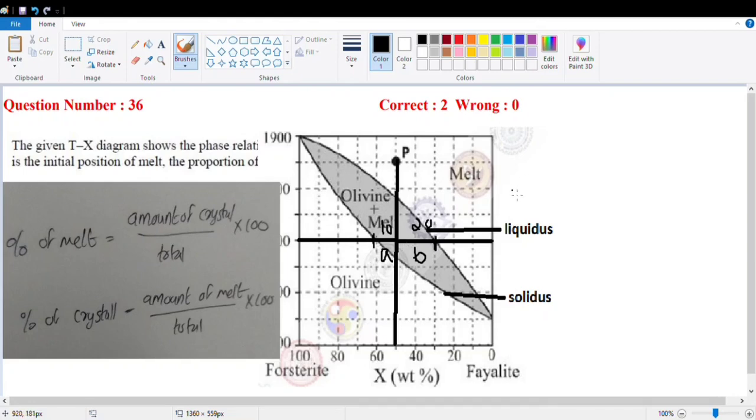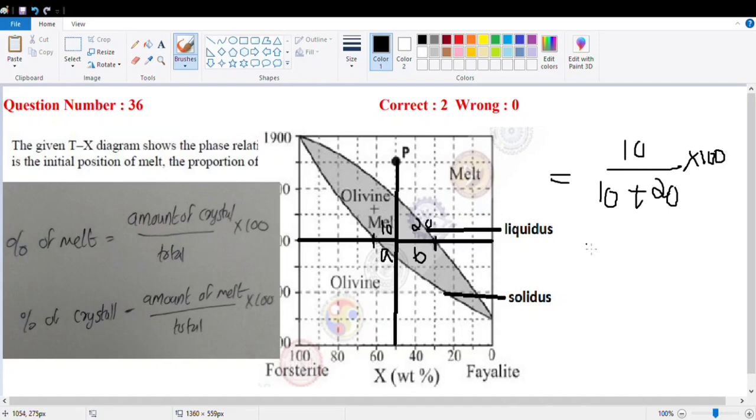Then, we want to find the proportion of the melt, so the proportion of the melt is equal to the amount of crystals divided by the total, into 100. The amount of crystals is 10, divided by the total, which means 10 plus 20, into 100.